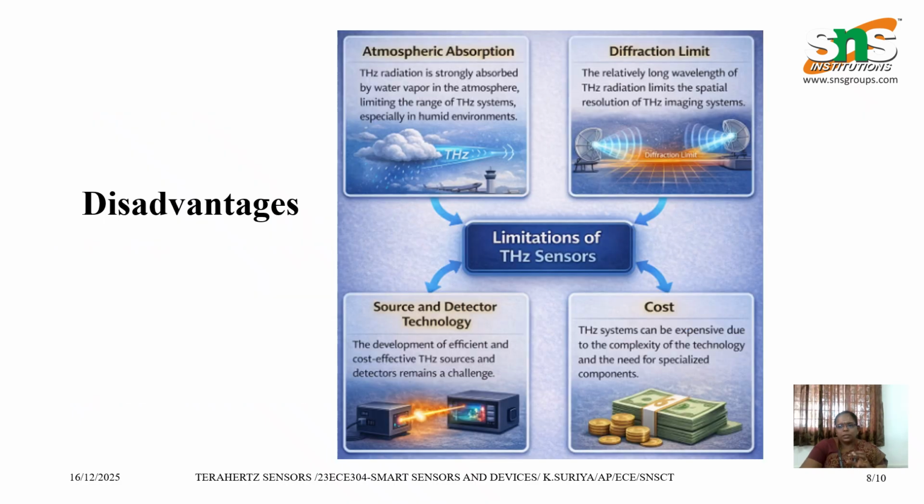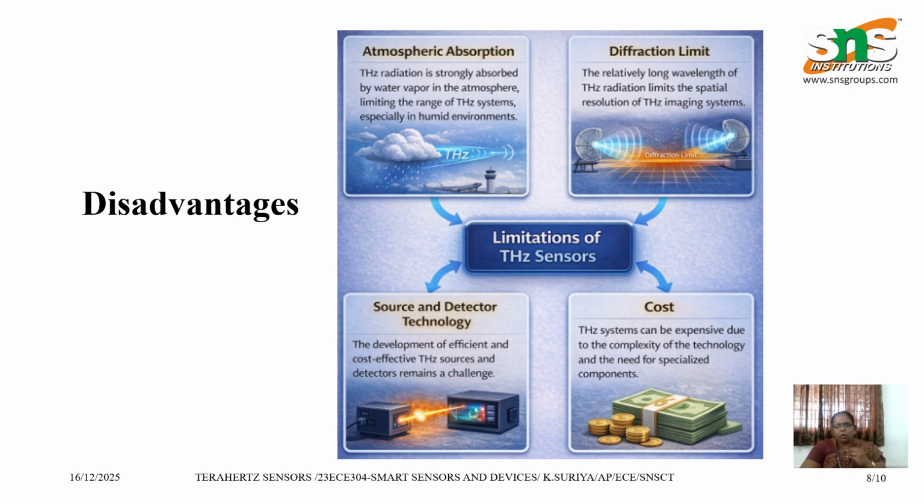And next one is disadvantages of terahertz sensors. It has some disadvantages in spite of several advantages. It is strongly absorbed by water vapor in the atmosphere, limiting the range of the terahertz systems, especially in humid environments.